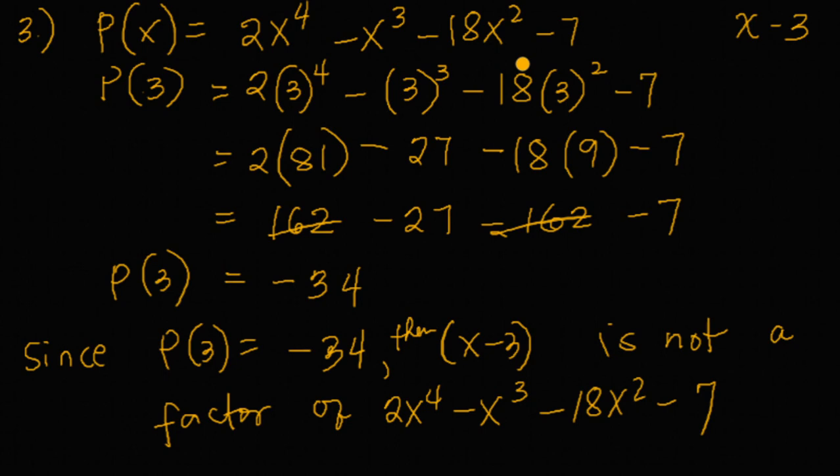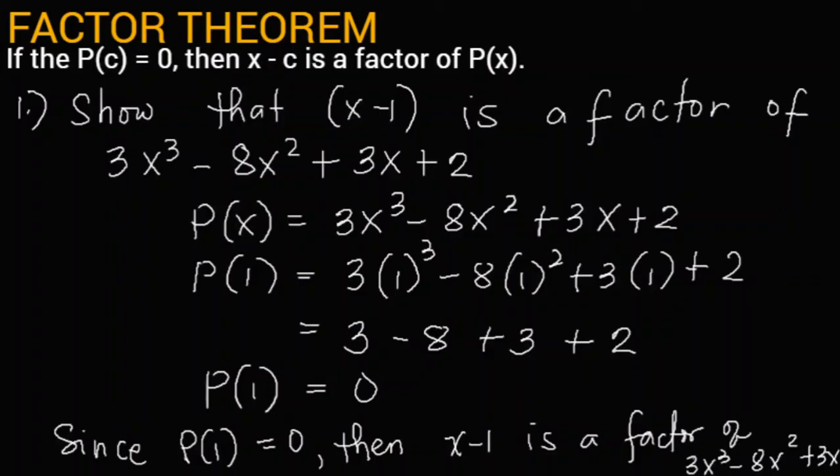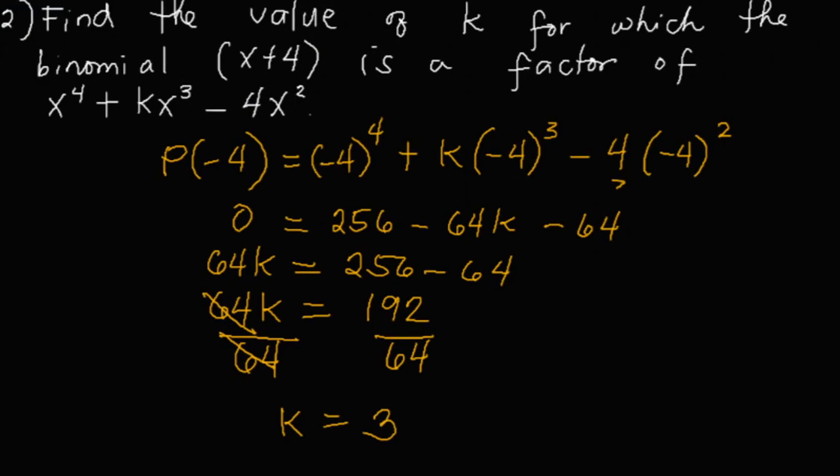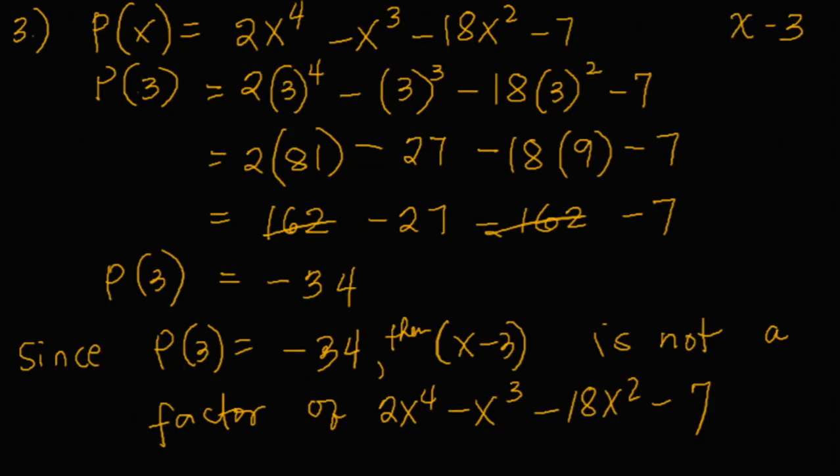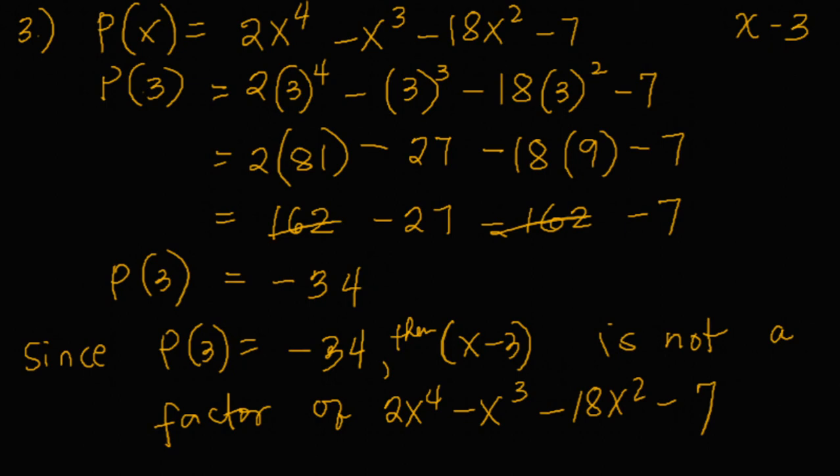So again, if we divide a polynomial and then we use the value of c, diba, to replace x, whatever the value that we've got, that is our remainder. And for the factor theorem, if our remainder is 0, then we can conclude that the given binomial or the given divisor is a factor of the other polynomial.